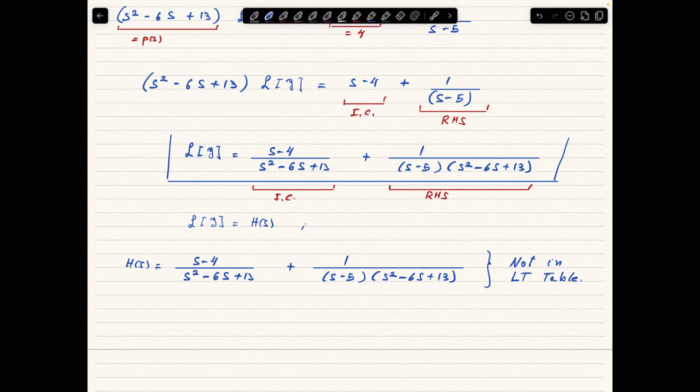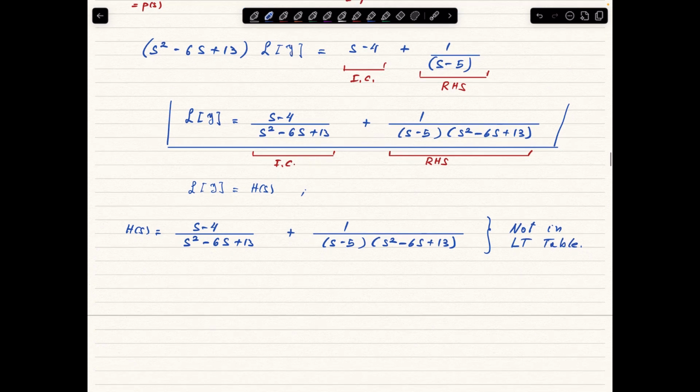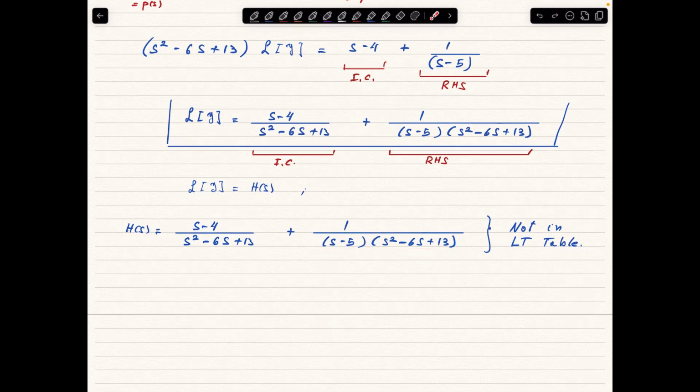So we need to simplify it. And recall, to simplify it, the first step was to see what we have in the denominator. Here we have s minus 5. This is a factor that we like. Now we need to simplify the right hand side, here and here. And recall, to do that, the first step is to find the roots of the polynomial in the denominator.